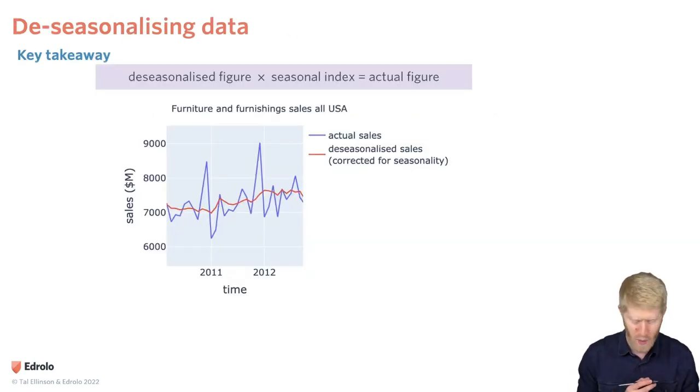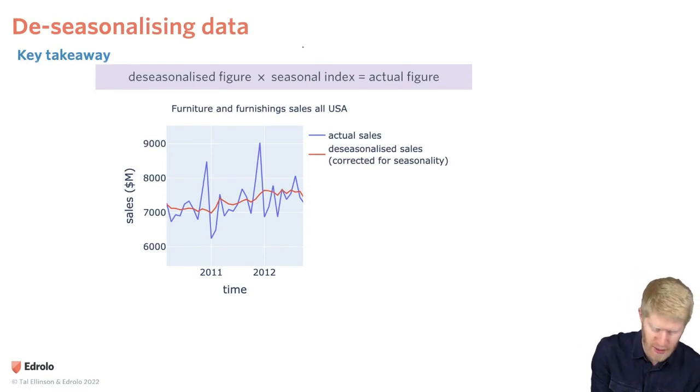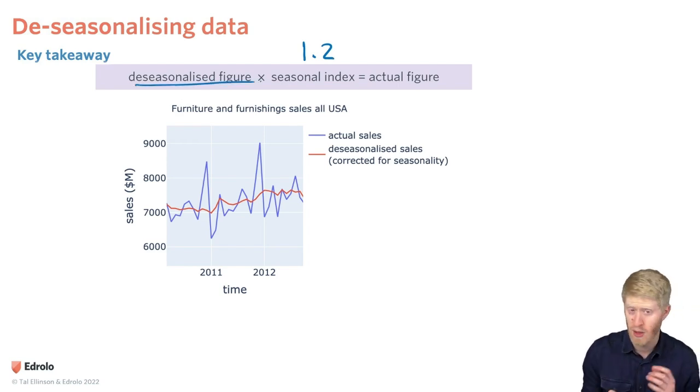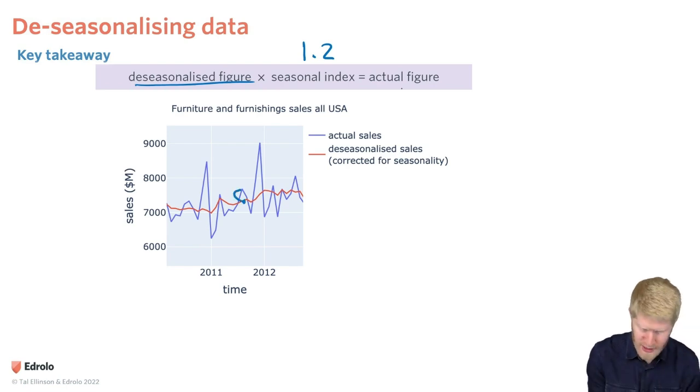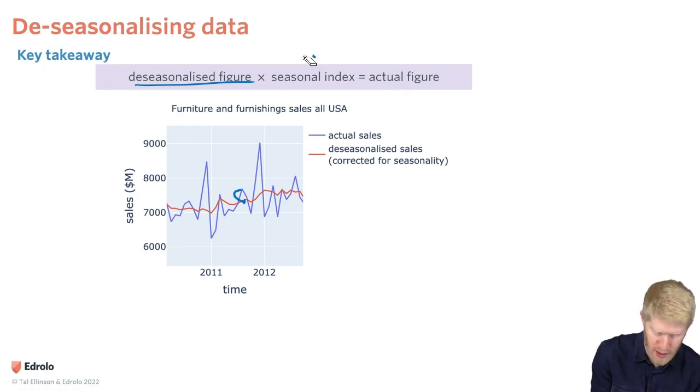All right, with that understanding, we can draw out a formula to work out what's going on. If our seasonal index was 1.2, then we'd be saying, all right, take your deseasonalized figure, your average value, and let's say you're here. If I times that number by 1.2, I'm going to jump up to get my actual figure. What if my seasonal index was 0.4?